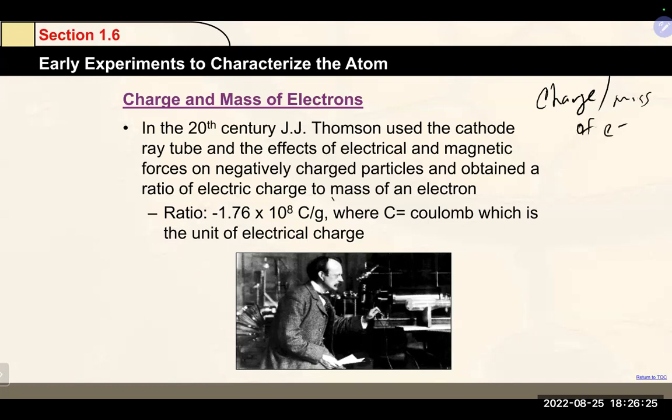And he came up with the number of minus 1.76 times 10 to the 8 C, a coulomb, which is a unit of electrical charge, per gram. So the first thing you should know is that early work on electrons was done by Thomson using the CRT tubes. Mainly, you should know that what came out of it was that he was able to determine the charge to mass of an electron.